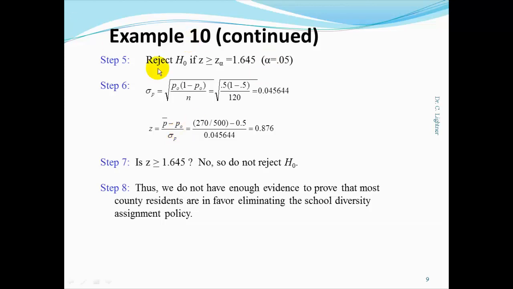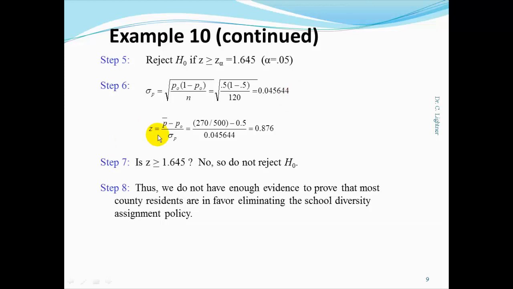We plug our value of P0 into the formula for the standard deviation of P, and P0 is the value in our hypotheses, which is 0.5. If we do this, we obtain the standard deviation value of 0.045644.